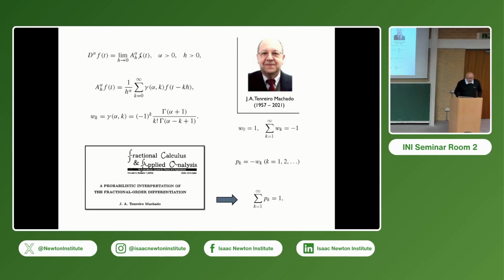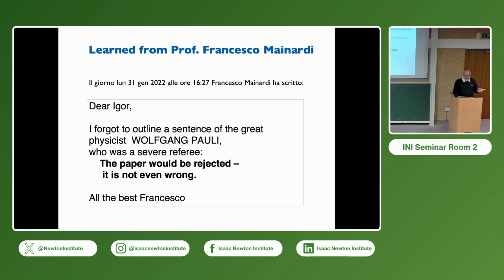He had an observation that the coefficients in the Grünwald-Letnikov approximation of fractional derivatives have interesting properties. The sum of those coefficients is equal to -1. So if you take them with the negative sign, then the sum of them is equal to 1. And from here, he actually started playing with probabilistic interpretation. That's all. That was the great idea.